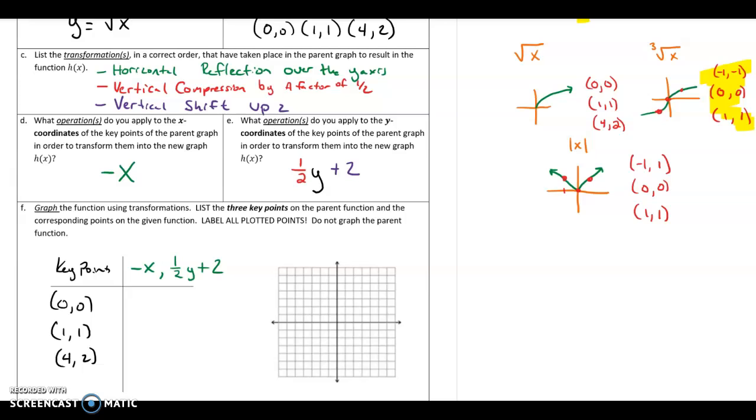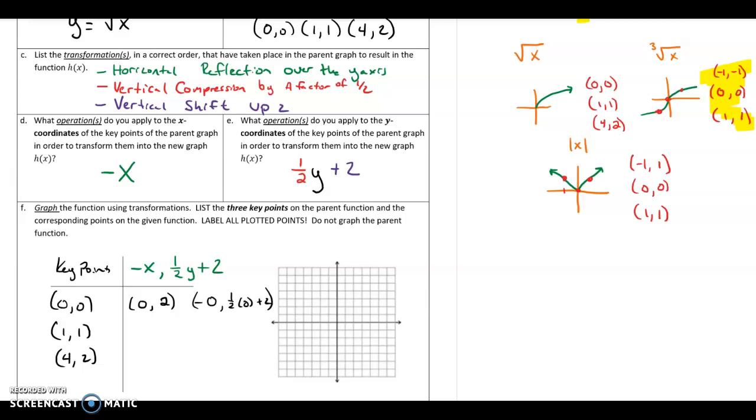I'll show the first one in detail. It's going to be -0, comma, 1/2 times 0 plus 2. Okay, so -0 is just 0. And then we work out that y value. Half of 0 is 0, plus 2 is 2. So that's going to give me the first key point on that graph.